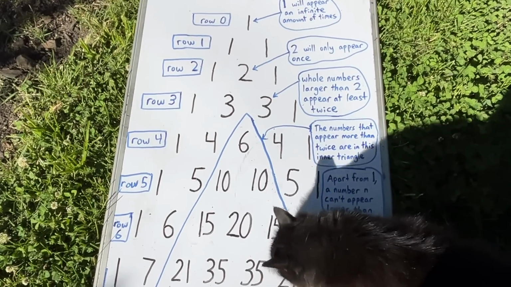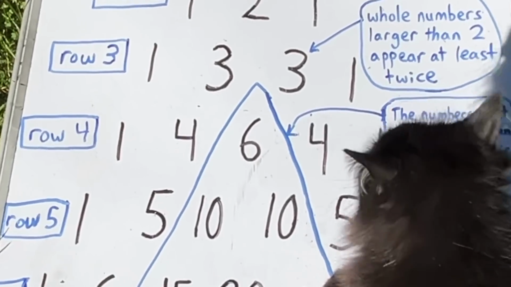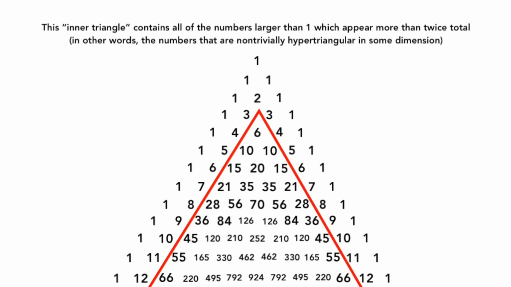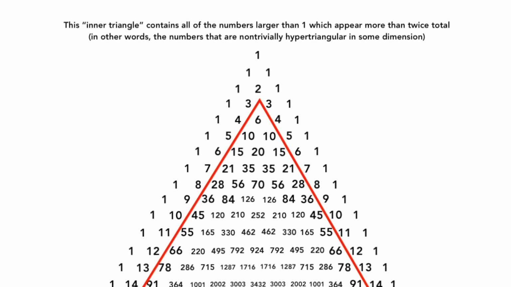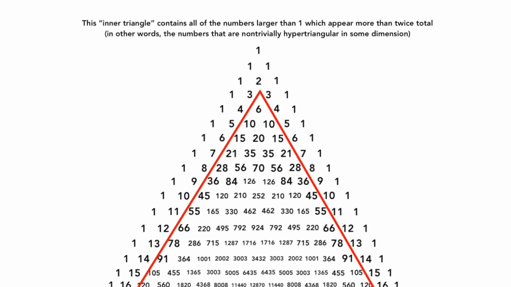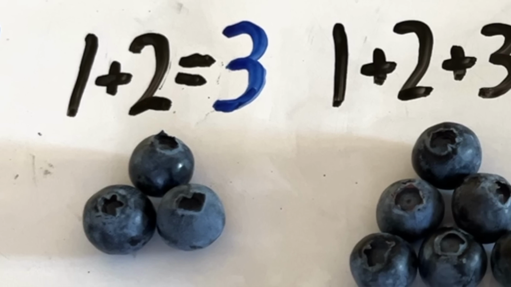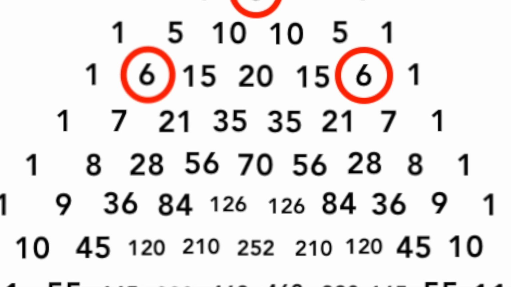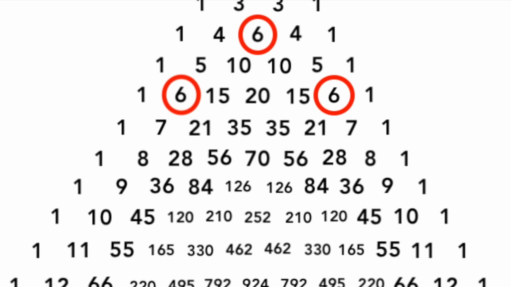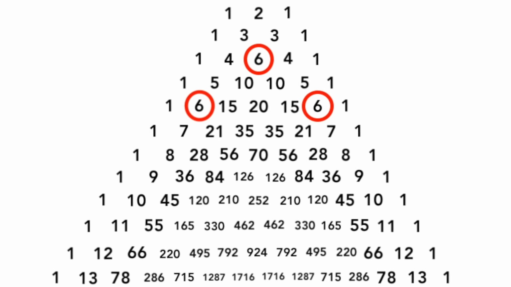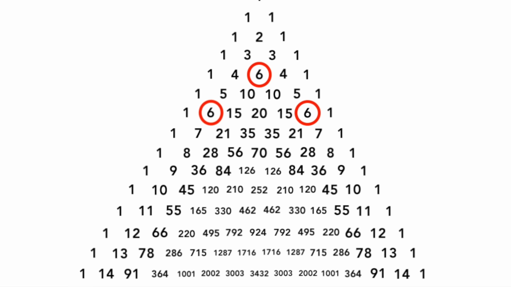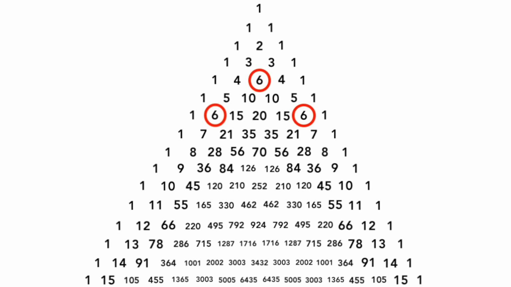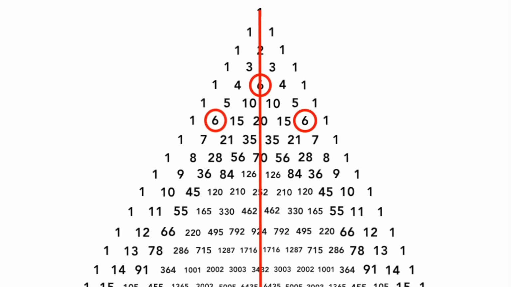To see this visually, 3 doesn't appear in this inner triangle, which contains all the numbers larger than 1 that appear more than twice total, such as the next 2D triangular number 6. 6 is large enough that its 2D triangular nature does show up separately, but it's small enough that that 2D triangularity doesn't have a separate reflection.